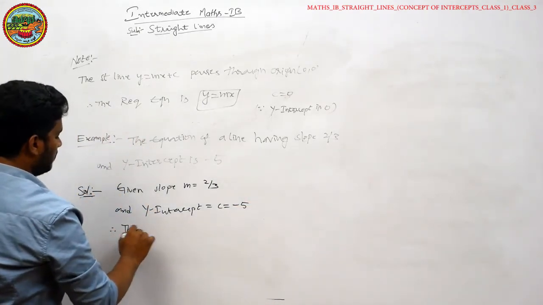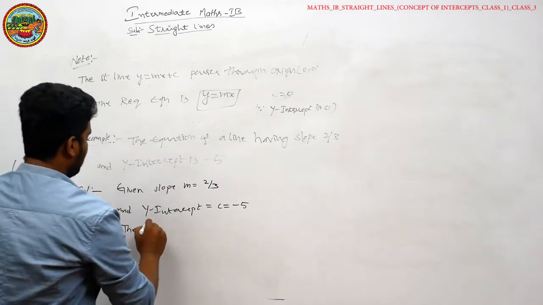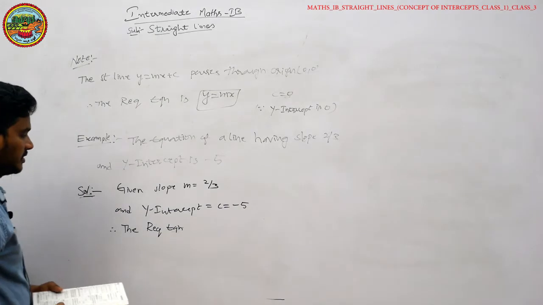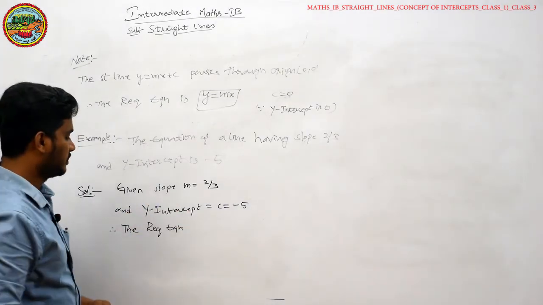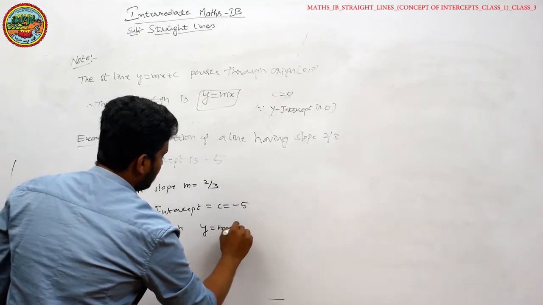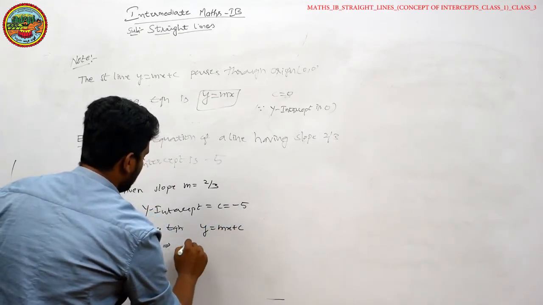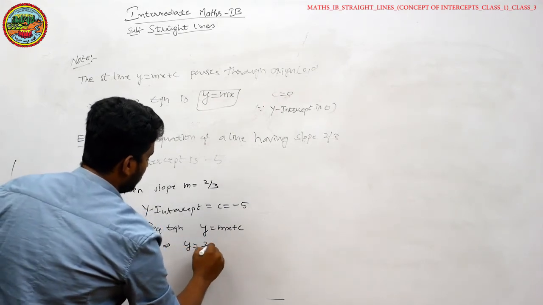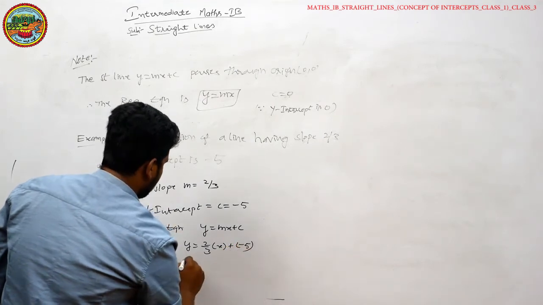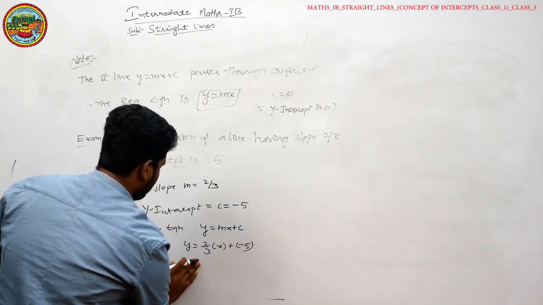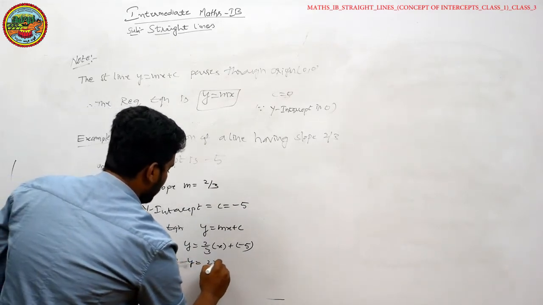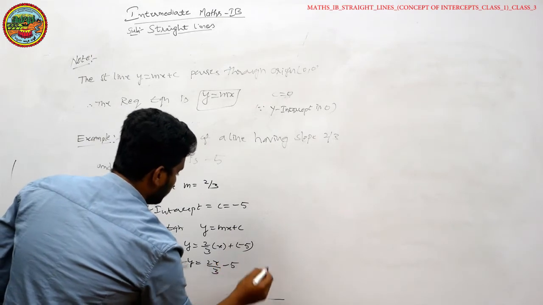Therefore the required equation is, by slope intercept form, y is equal to mx plus c. Substituting these values, y is equal to 2 by 3 into x plus minus 5, which is y is equal to 2x by 3 minus 5.